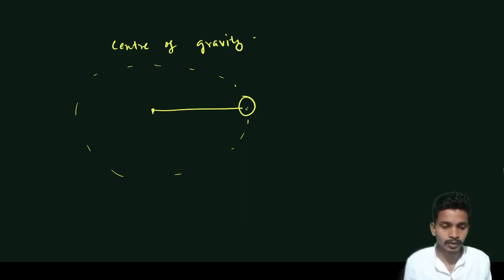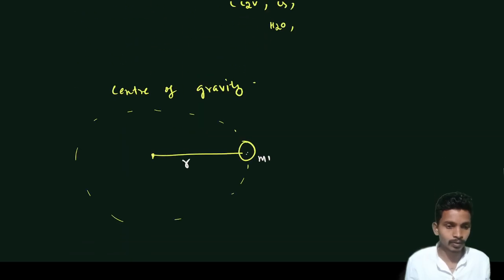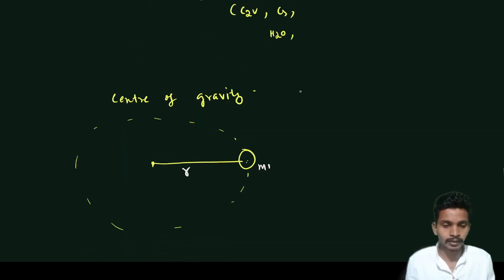The distance between this molecule and the center is r, and let's say it has the mass m1. Similarly, if two molecules are rotating, with the same mass m1 and m1, the center of gravity will lie somewhere in the middle.